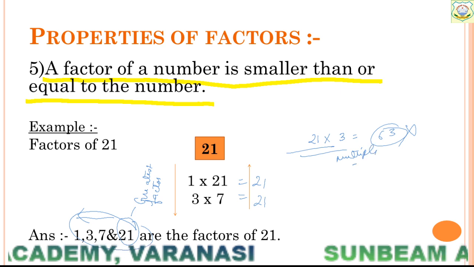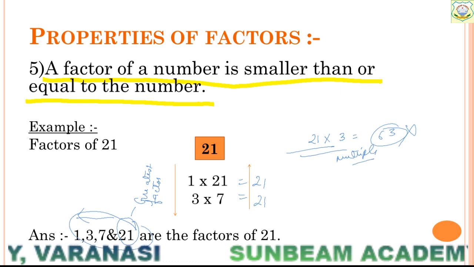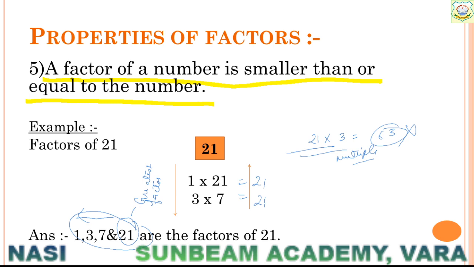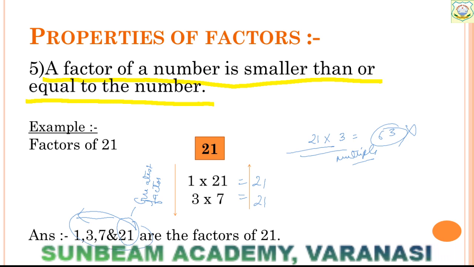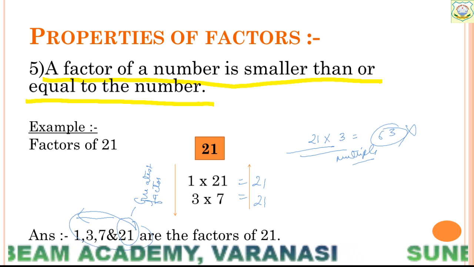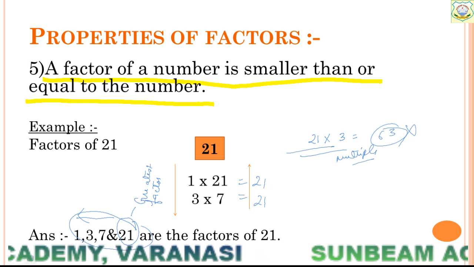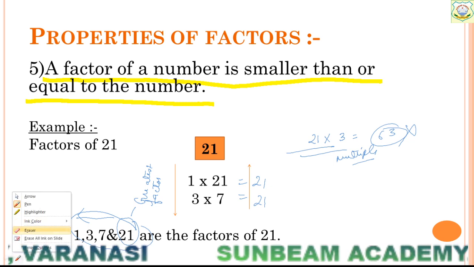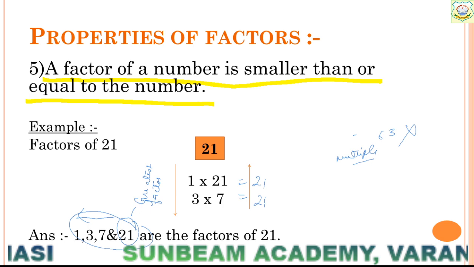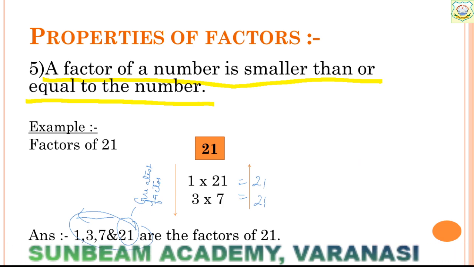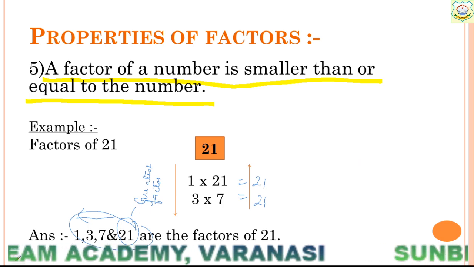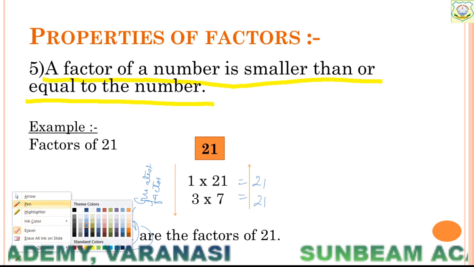And when we are talking about factor, then you have to see, is it divisible by the number? That means it will be always less than the given number, desired number. Okay? So don't get confused in multiple and factor. There is difference. I will explain that one more time. Don't worry.